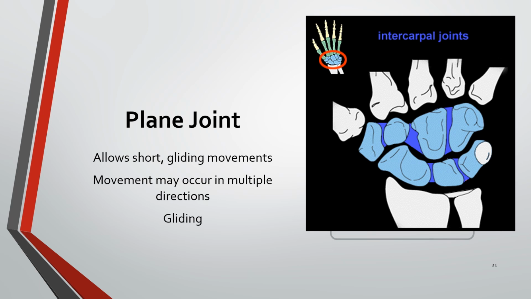It's very difficult to have any large amount of movement within these joints because we have 7 bones right here that are very small and very closely connected. Examples of plane joints include the intercarpal joints, the bones of your hand, and also the intertarsal bones, which are the bones of your foot.